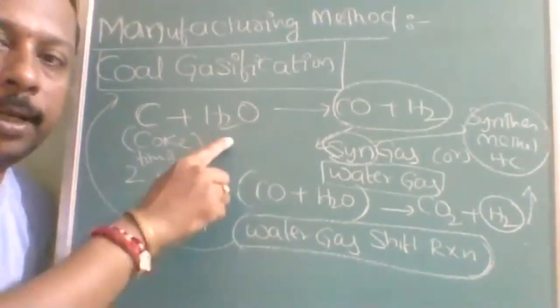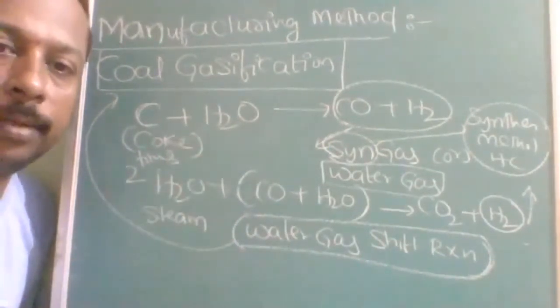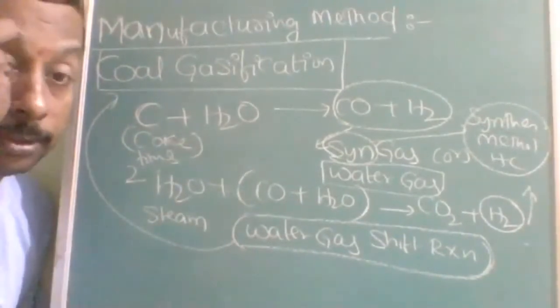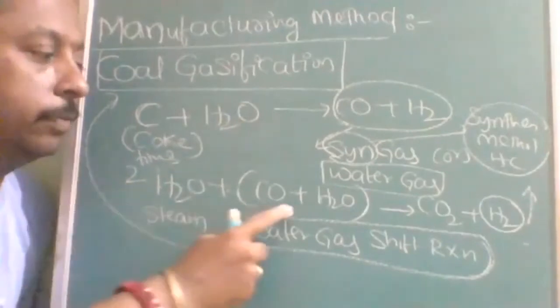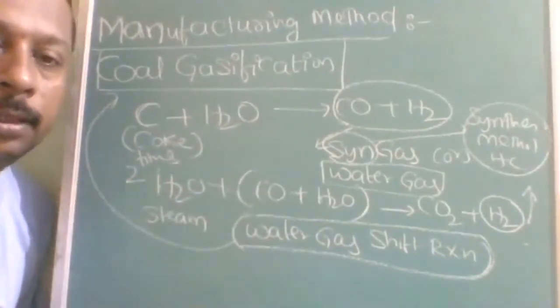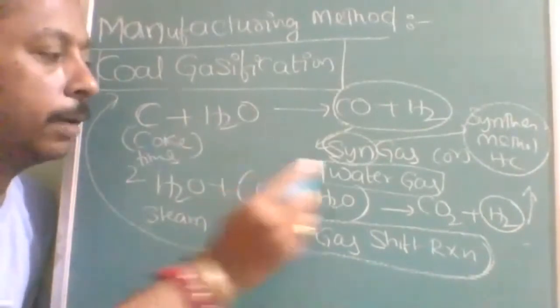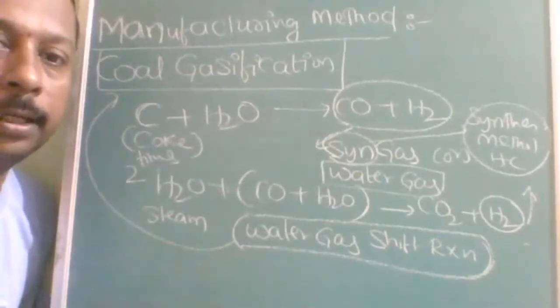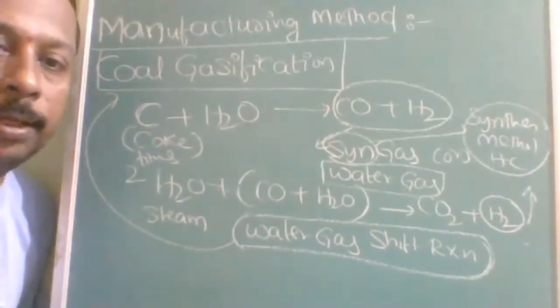Through this water gas, twice the amount of water vapor is again passed. Suppose it is 1 liter, we will pass 2 liters of steam over it. Then the carbon monoxide will be converted into carbon dioxide, and hydrogen will be liberated.